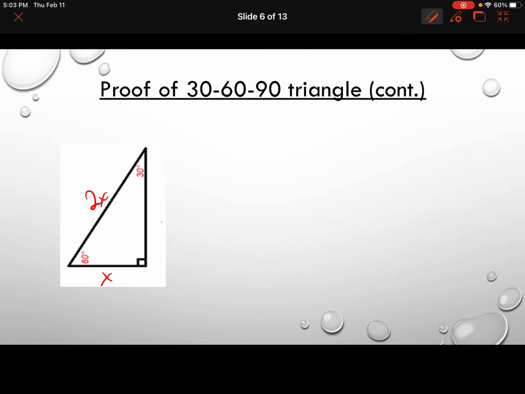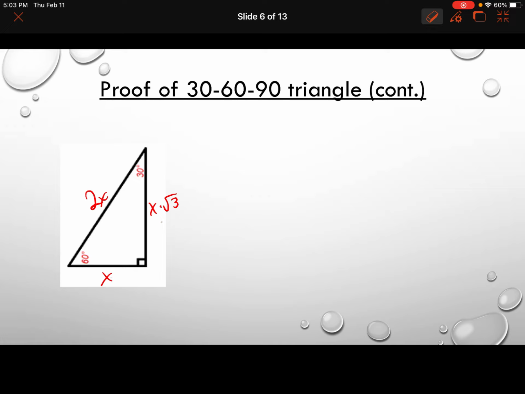And then you want to label the side adjacent to 30 degrees x times radical 3, or x radical 3. So this relationship holds for any 30, 60, 90 triangle.